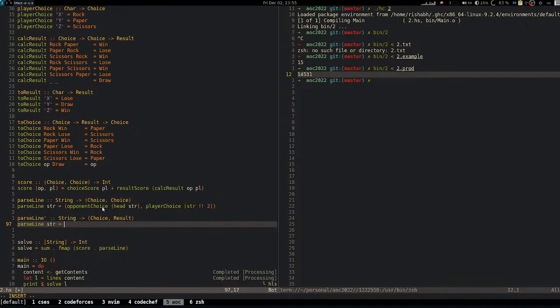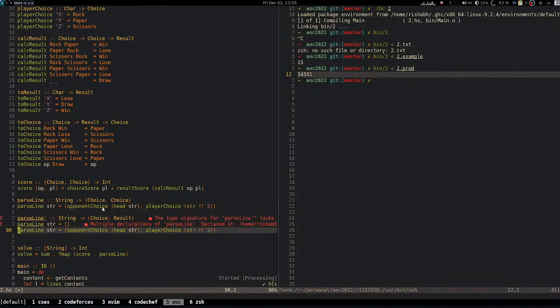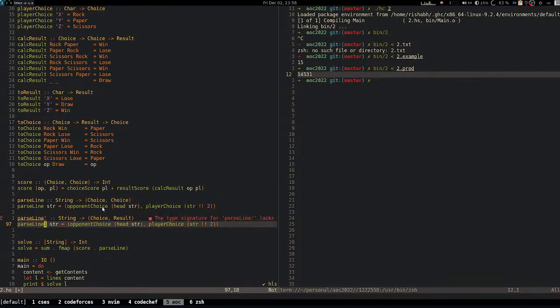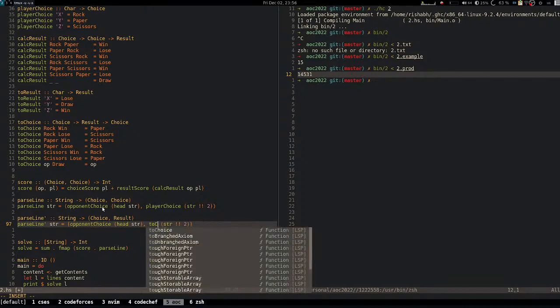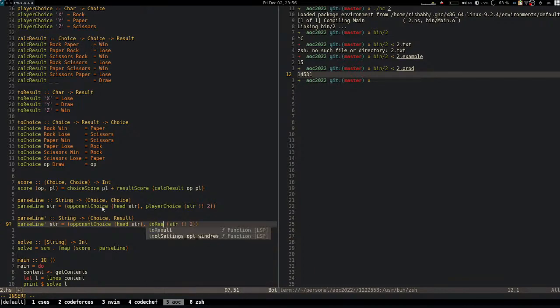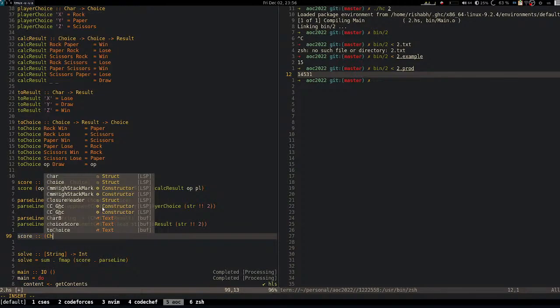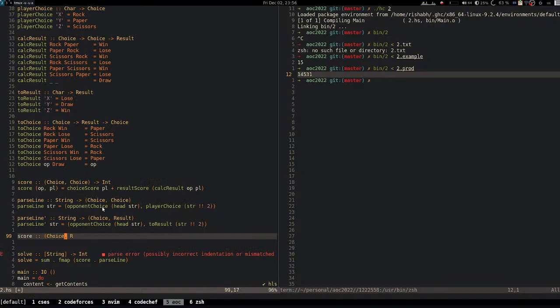Parse line of str equal to: first is the opponent choice, but the second thing is to result, right? And we get back a result. Then score is something from choice, opponent choice, and result.